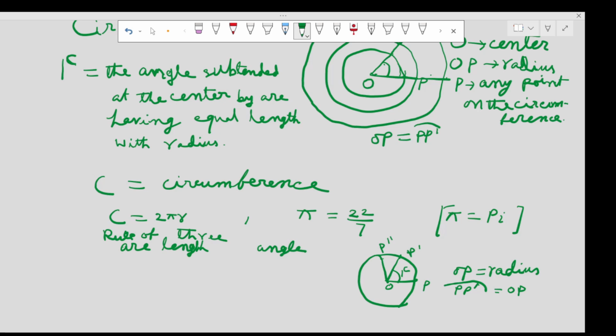Alright, arc length equal to radius r. What is the angle measure? 1 radian.